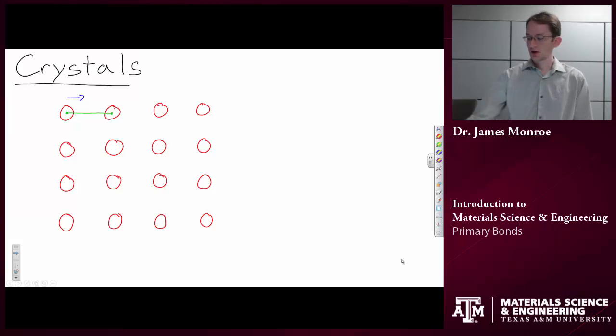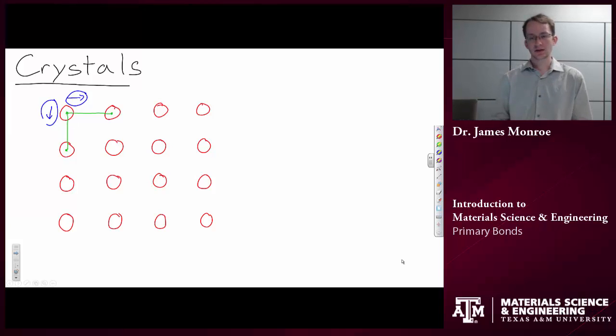Now, if I look in this direction, I will notice that I have about the same distance between atoms. So the interatomic distance in this direction is the same as in this direction, but the directions are different inside the material.